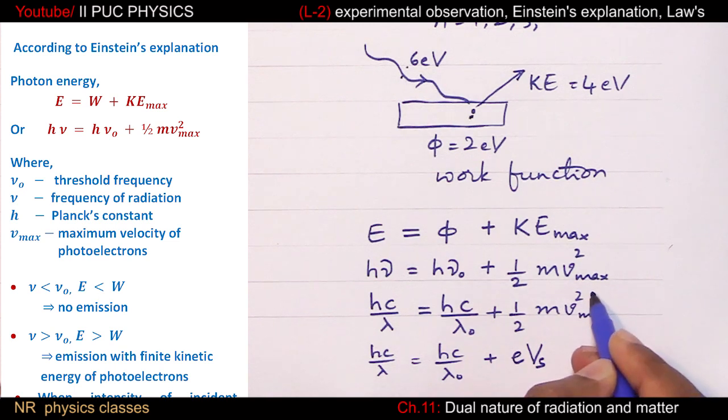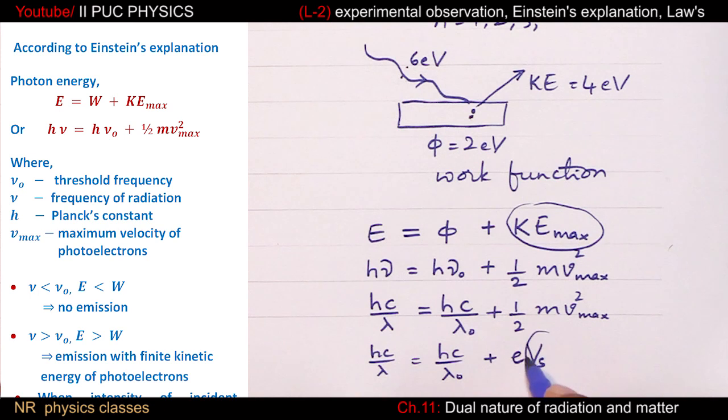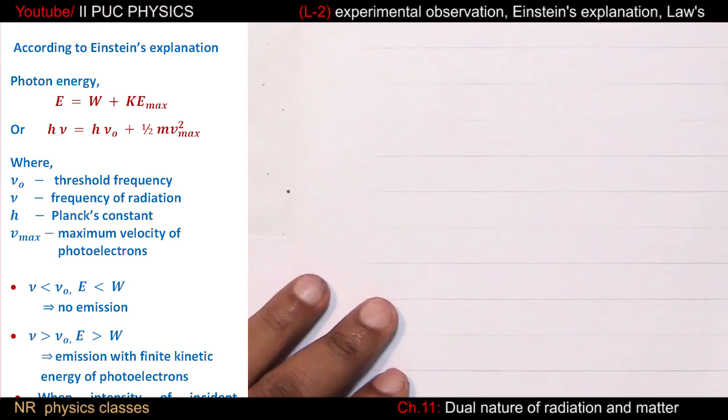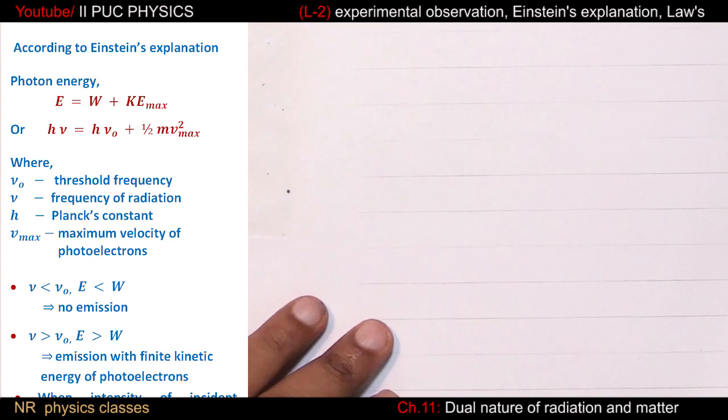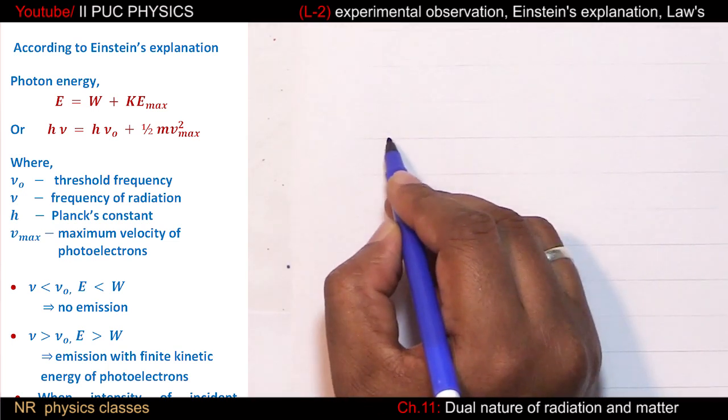Now let me explain why it is maximum kinetic energy, and why kinetic energy is e times stopping potential. This is a metal.